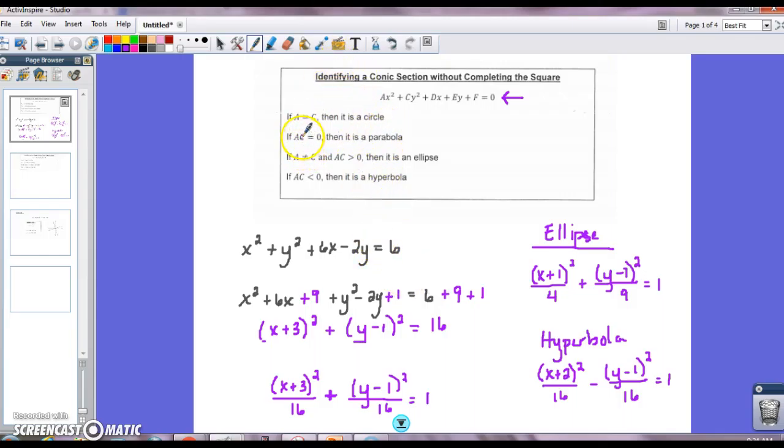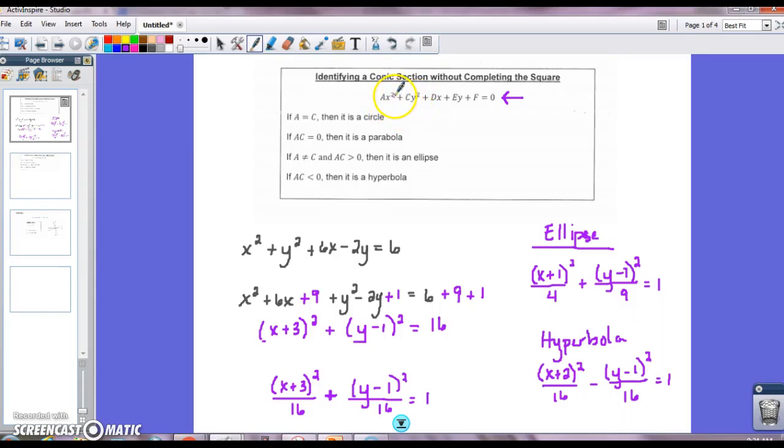The next thing we look at is A times C. Well, if A times C is equal to 0, then it's a parabola. So let's think about that for a second. Remember, if it's a parabola, only one variable is squared. So if one of them is squared, that means the other one doesn't exist, which would mean either A or C was 0.